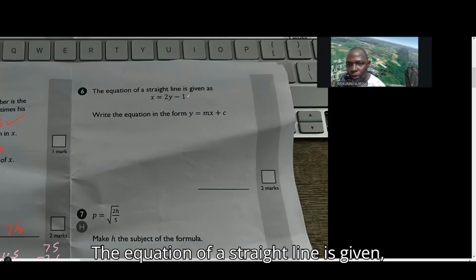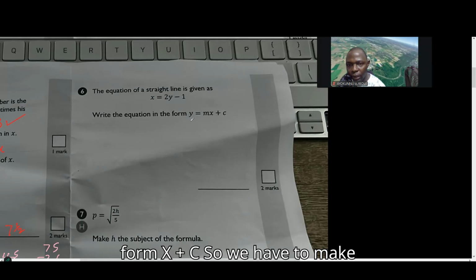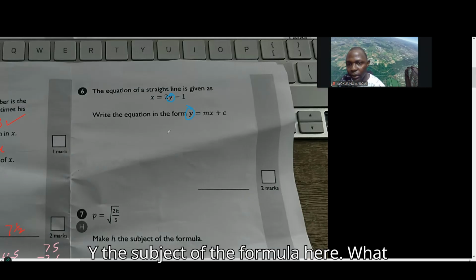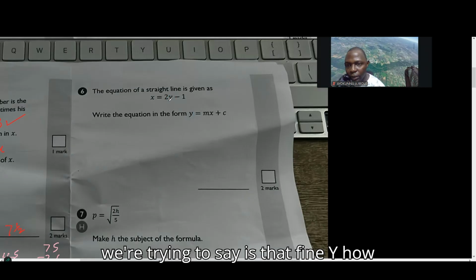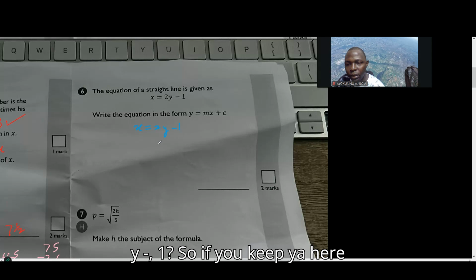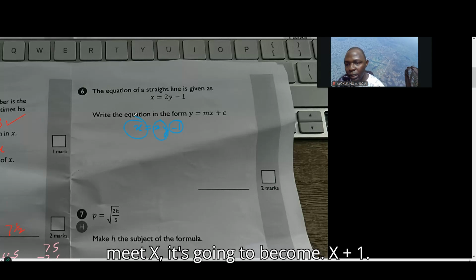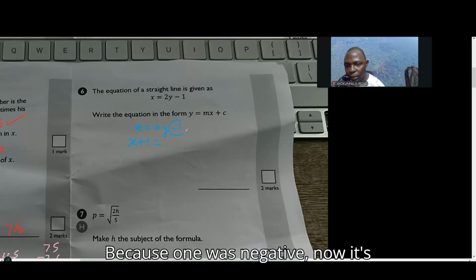The equation of a straight line is given as this. Write the equation in the form mx plus c. So we have to make y the subject of the formula here. What we're trying to say is that find y. How can we find y from x equal to 2y minus 1? So if we keep y here and move the 1 to the other side to meet x, it's going to become x plus 1 because 1 was negative.